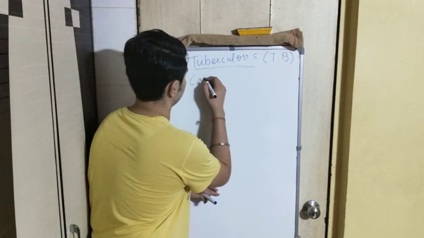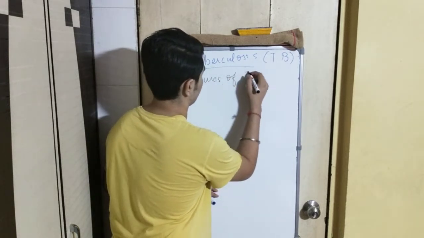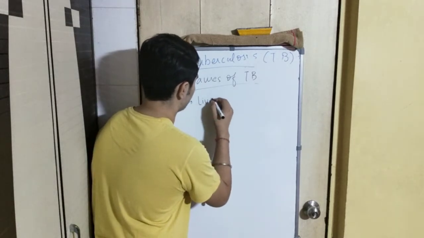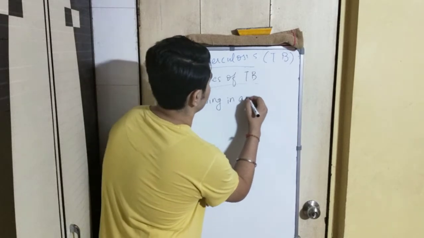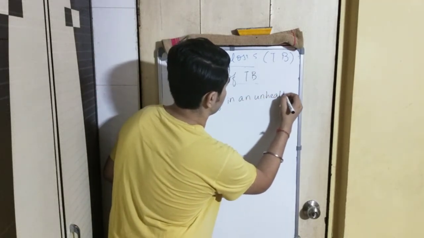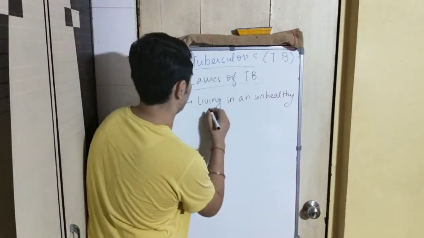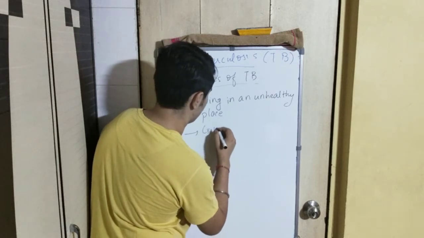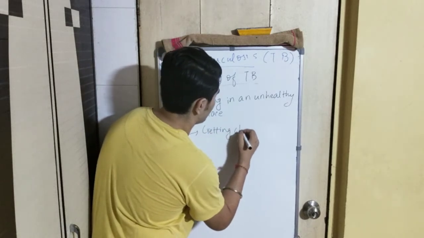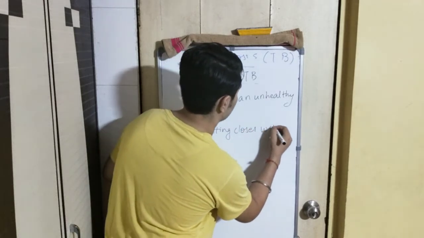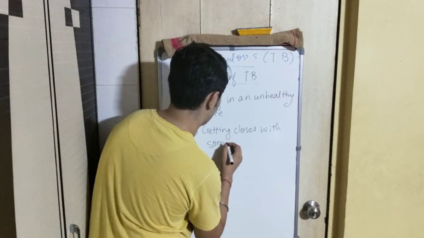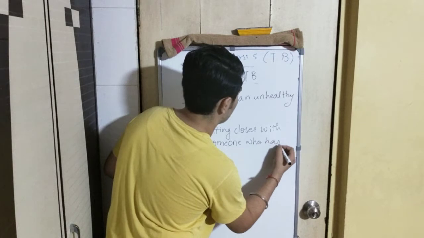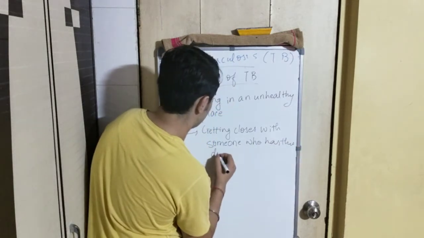So causes of TB are: first is living in an unhealthy place. Second is getting closer with someone who has this disease.